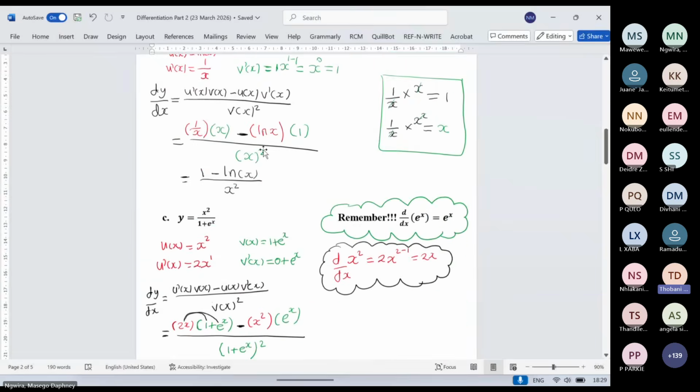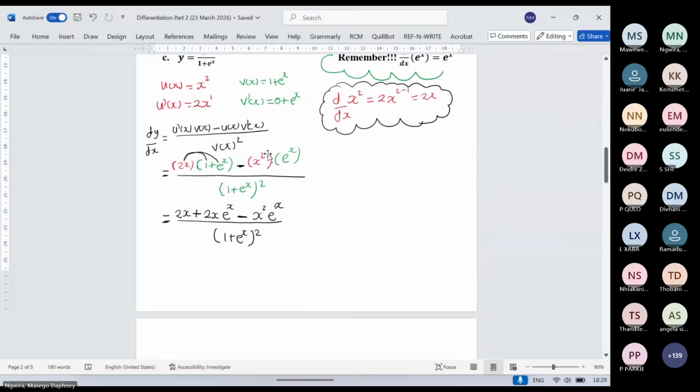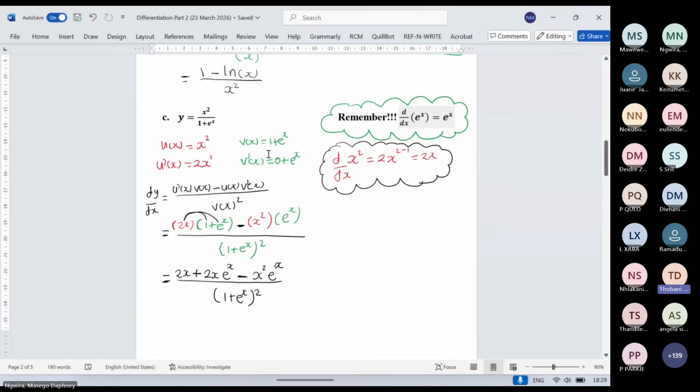Can you come to number C? With the substitution, we said now we derive x squared, number y is equal to x squared over 1 plus e exponent x. We derive first before we substitute. We said, okay, it's 2x.